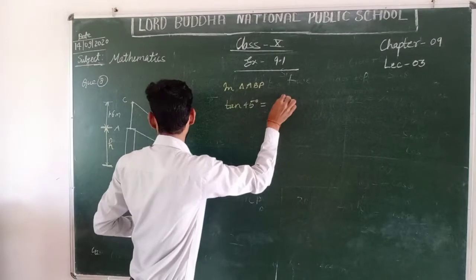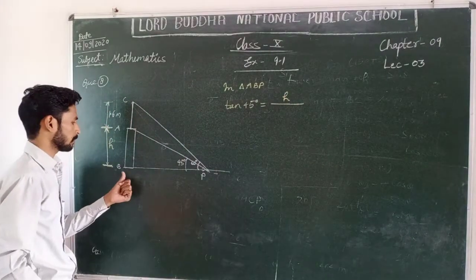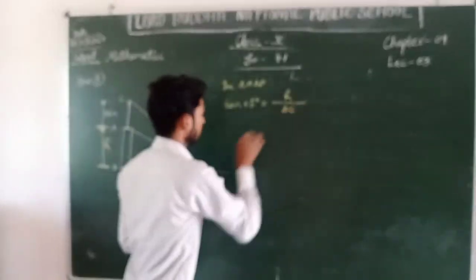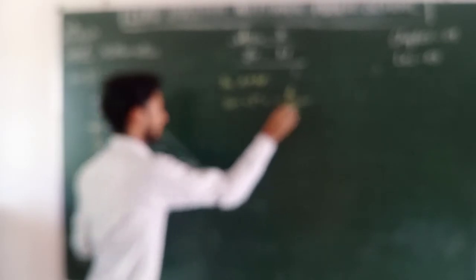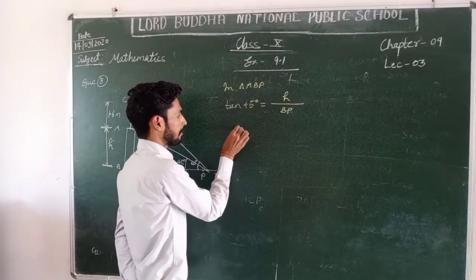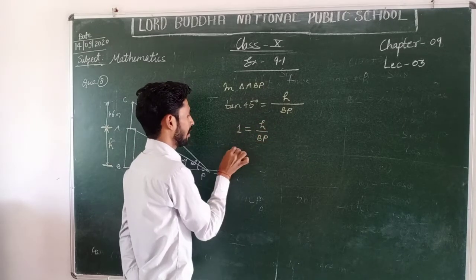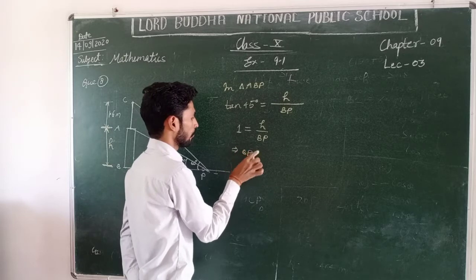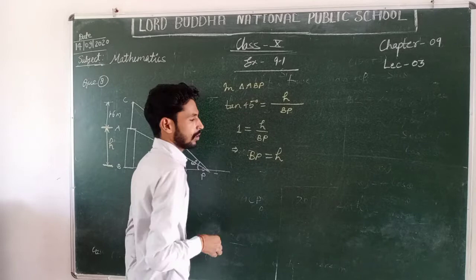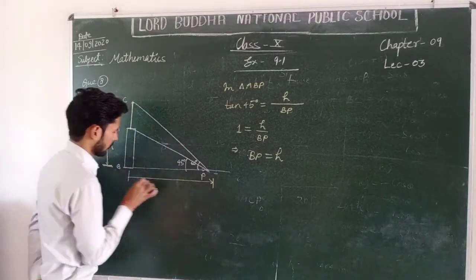So write here h upon what is the value of base? BP, which we don't know. So write here BP. Here is the B and P. So the value of tan 45 is 1. So 1 equals h upon BP, and the value of BP equals h. Okay.